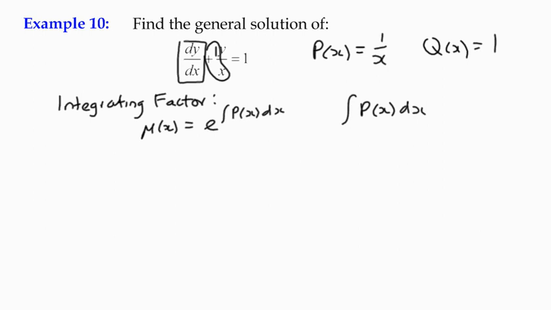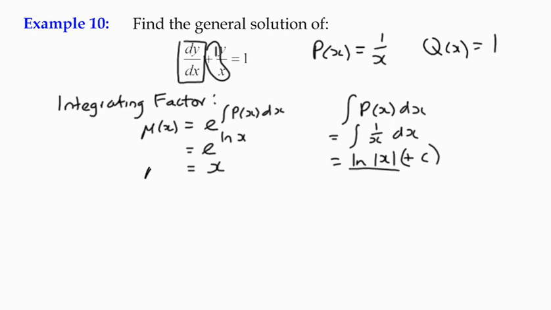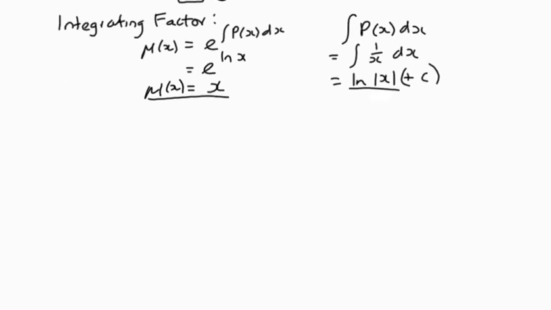So the integral of p of x dx is the integral of 1 over x with respect to x, which is a natural log of x plus c. Now there's a plus c here which we don't use because we've got some integration to do later on, and that'll take care of it. So we're only going to use the log x bit. So mu of x is e to the power log x, which in this case happens to be just x. So mu of x, the integrating factor, is x.